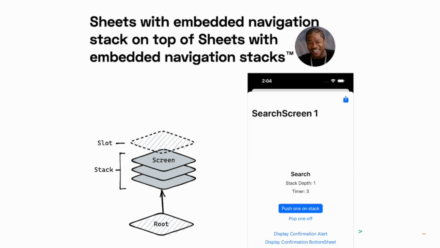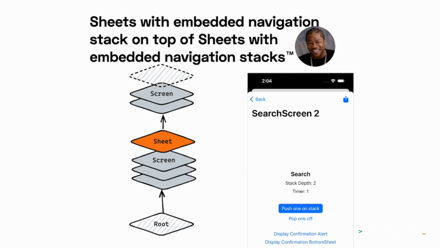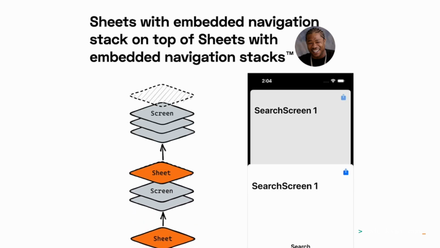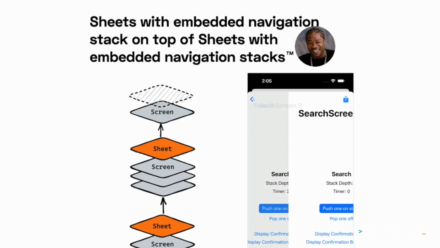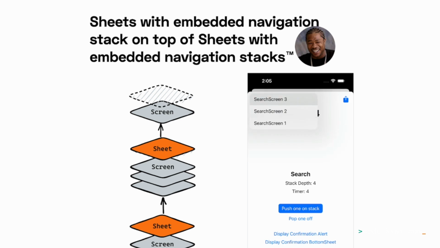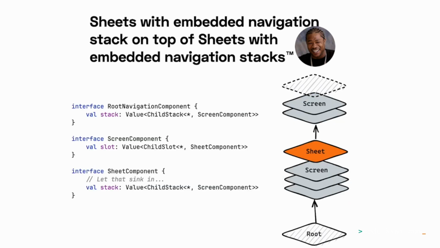And on that root component you also show another sheet which is represented by a navigation slot, and in that slot you get another child stack, and on that child stack you get another navigation slot, and on that navigation slot you get another child stack, and you can repeat that basically forever and it will work. You can model that situation like this.